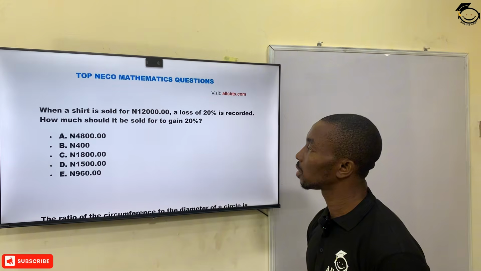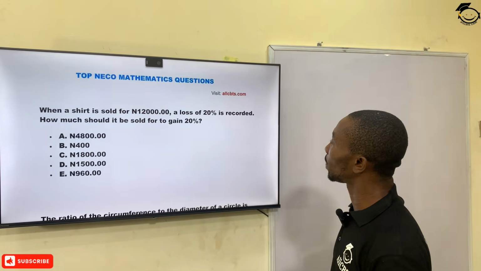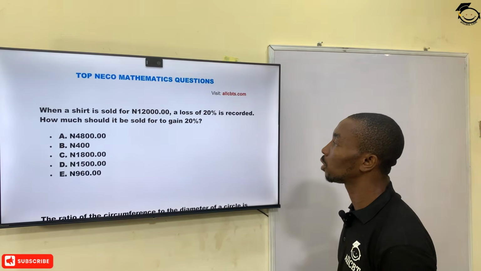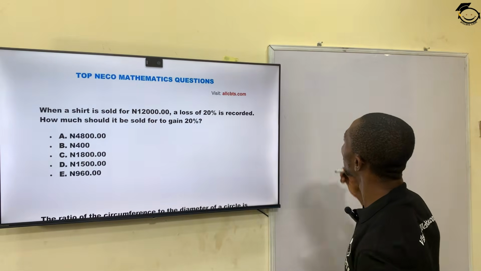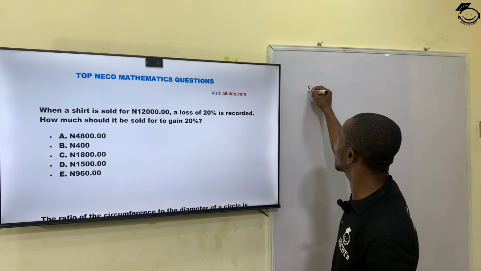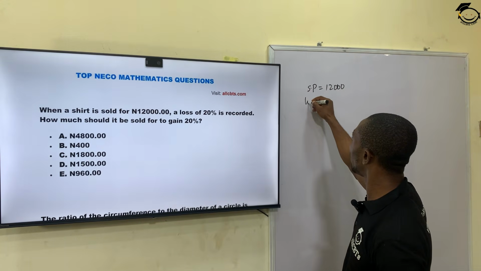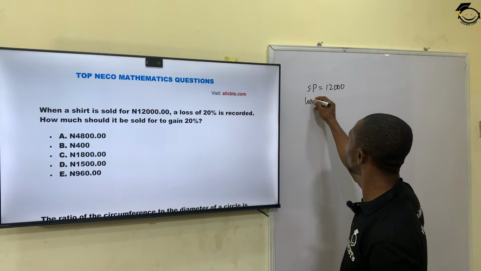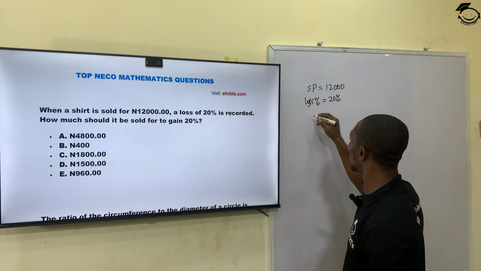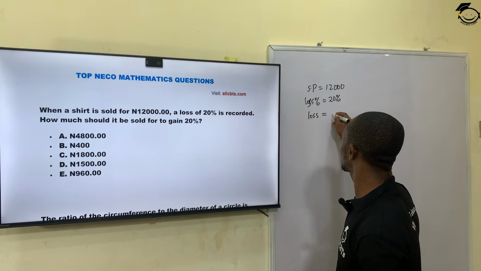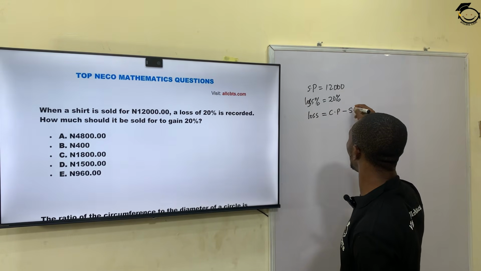When a shirt is sold for 120,000 naira, a loss of 20% is recorded. How much should it be sold for to gain 20%? Now, our selling price is 120,000, and we have a loss percent of 20%. Now, we know that loss is cost price minus selling price.